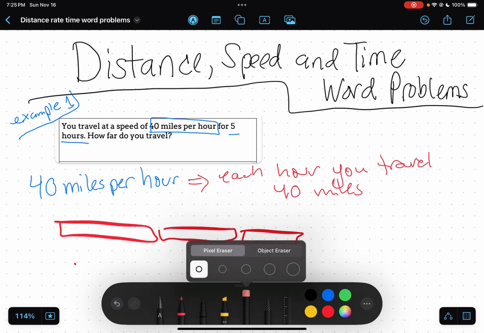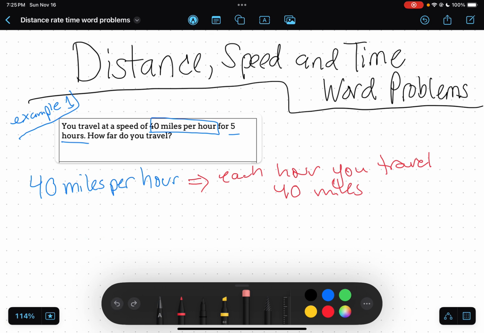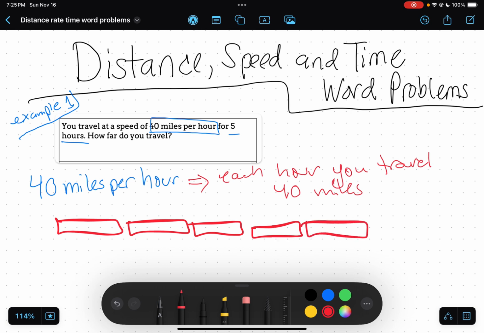Let me make those a bit smaller. 1, 2, 3, 4, 5, and for each of those hours, I'm told my speed is 40 miles per hour. So each of these hours I'll go 40 miles. So maybe you could easily see the trick to finding this answer would just be to do 40 times 5, right?